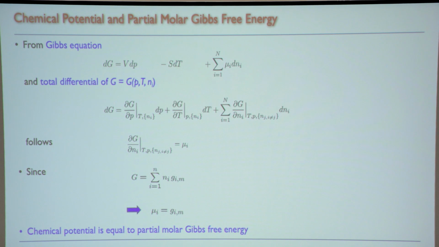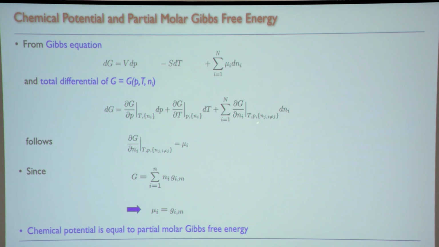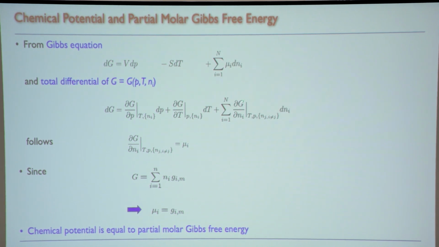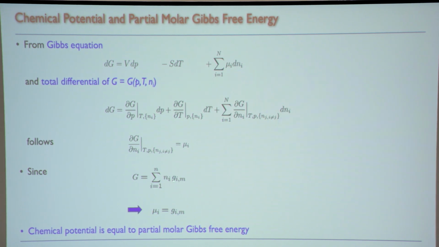And then you see that mu has to be this partial derivative, dG/dn_i, at constant temperature and pressure, and constant all other species, right? But G here can be defined as the sum of n_i times g_i.